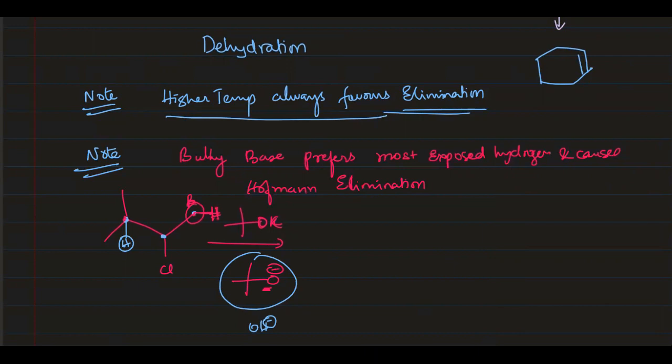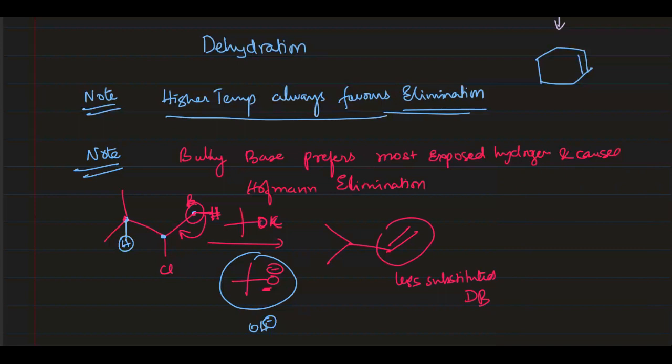So it will remove this hydrogen and cause this bond to collapse here. That will give rise to this type of product, which has a less substituted double bond. That means it has only one alkyl group attached.